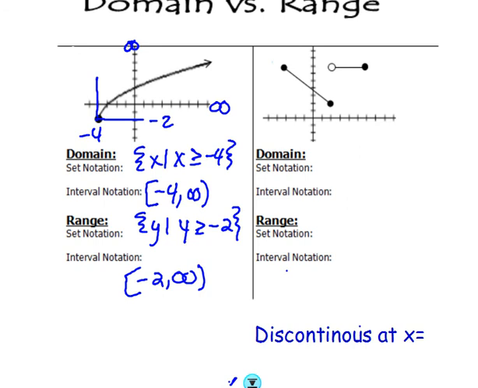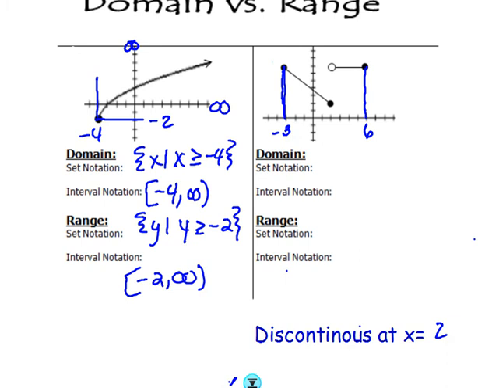Alright, look at the domain of the following. If we drop down, it looks like it's hitting about -3. It has a beginning, and it also has an end at 6. Notice there's a discontinuity at x equals 2. Our graph jumps. It's said to be discontinuous at x equals 2.